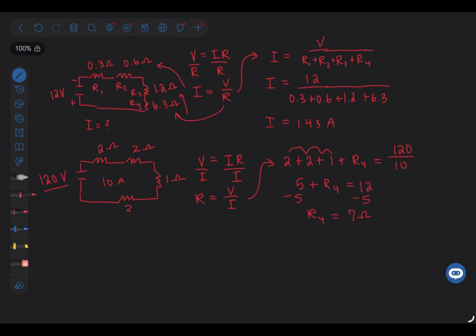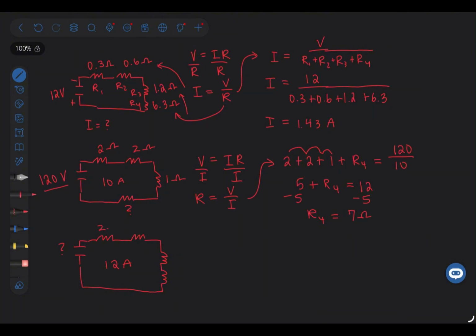Now this one we're going to try to find the voltage. The current is 12.